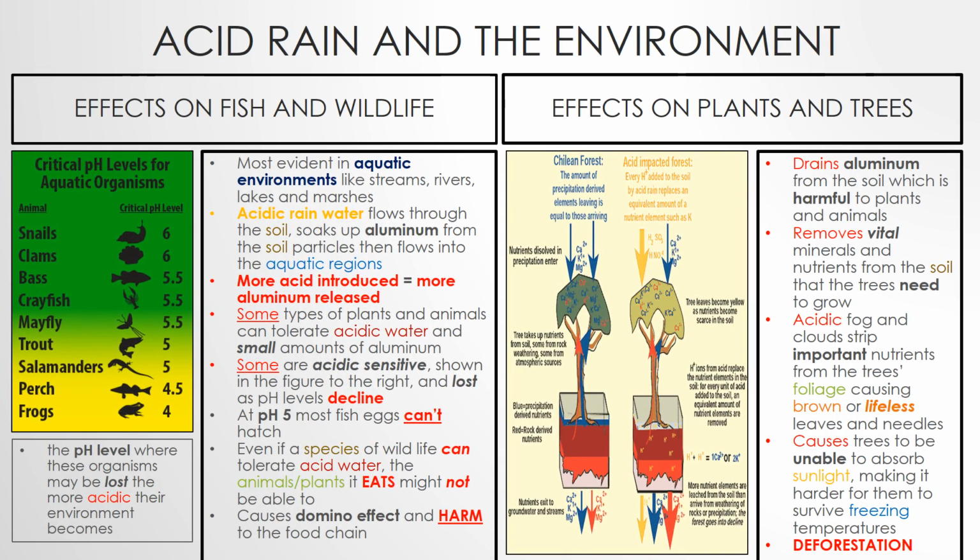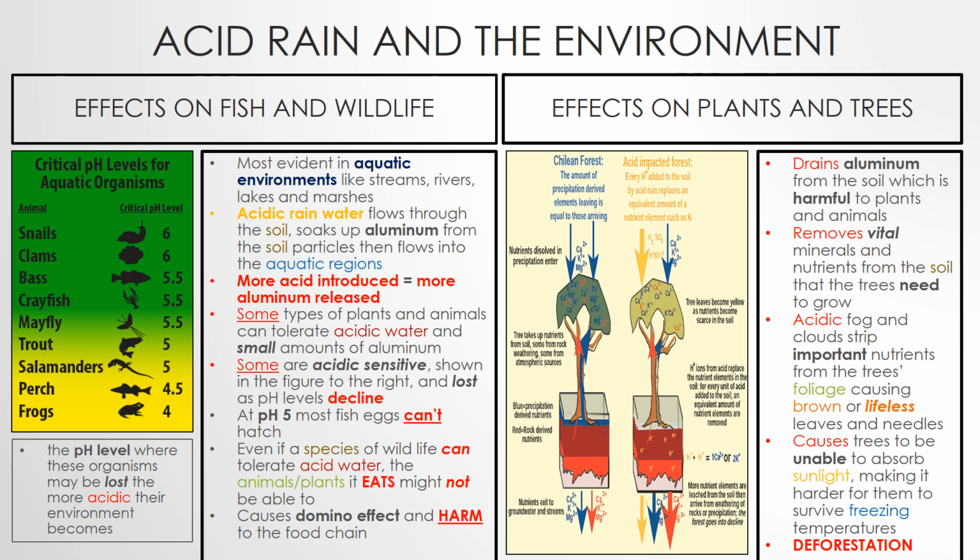Okay, so acid rain and the environment. The effects of acid rain on fish and wildlife are most evident in aquatic environments such as streams, rivers, lakes, and marshes. Acidic rainwater flows through the soil and soaks up aluminum particles that it carries into the aquatic regions.